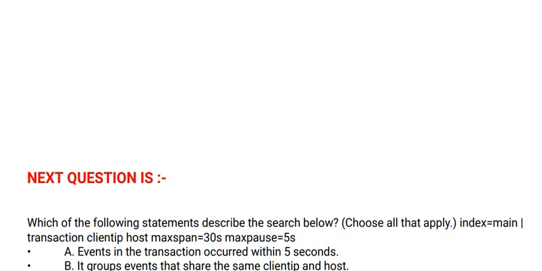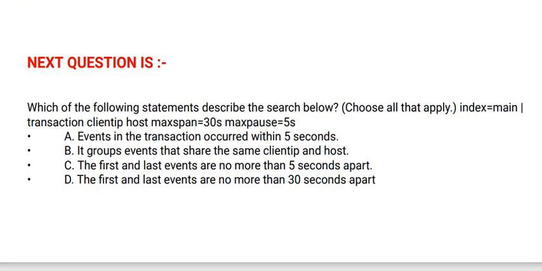Next question is, which of the following statements describe the search below? Choose all that apply. index equals main, transaction clientip host maxspan equals 30s, maxpause is 5s. Option A, events in the transaction occurred within 5 seconds. Option B, it groups events that share the same client IP and host.